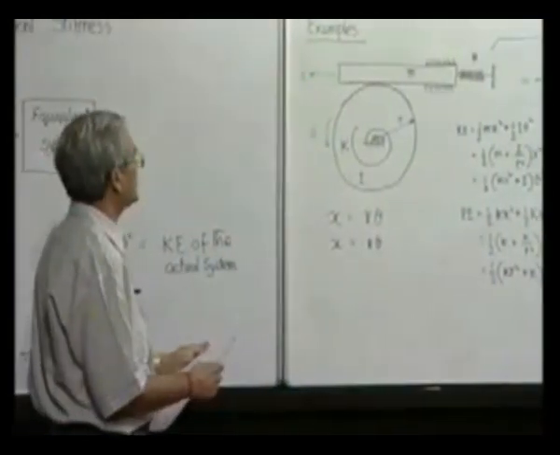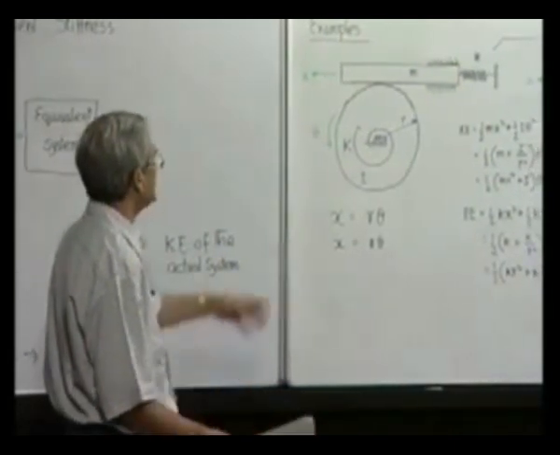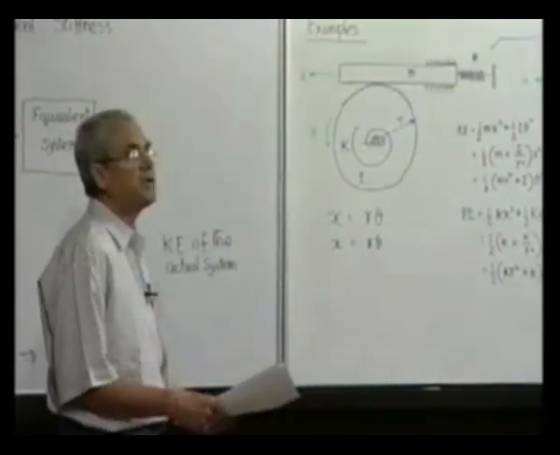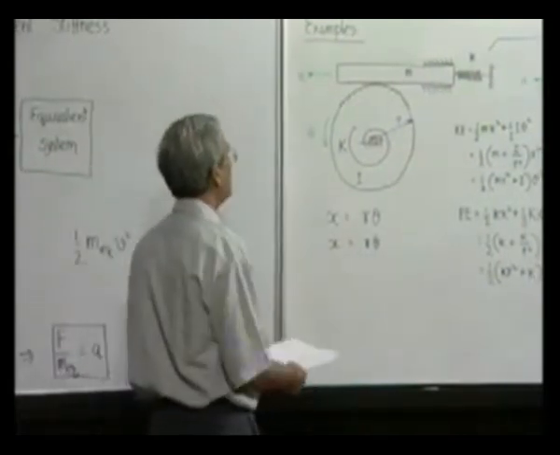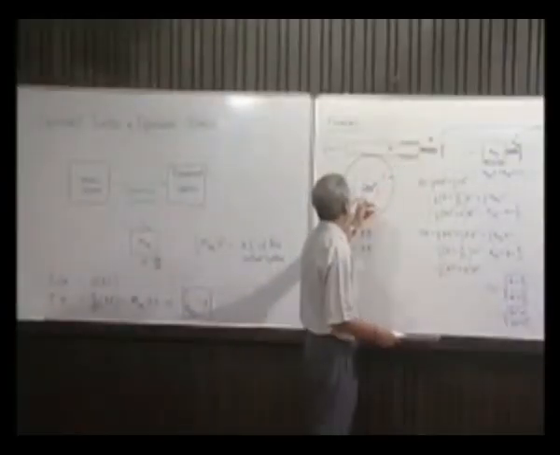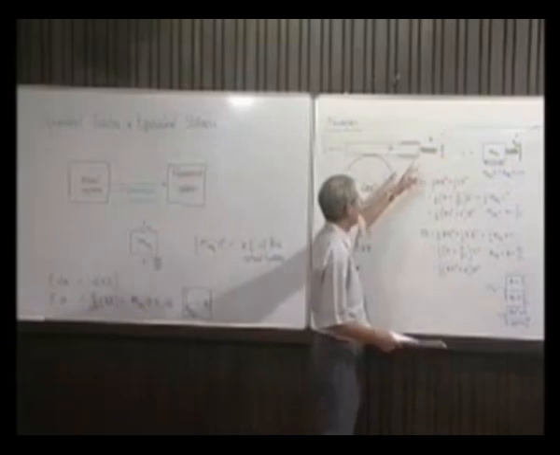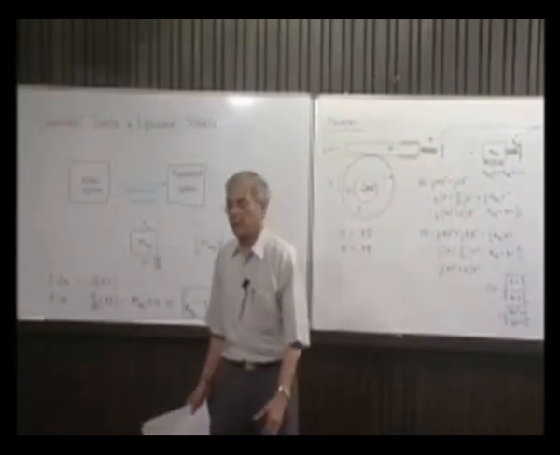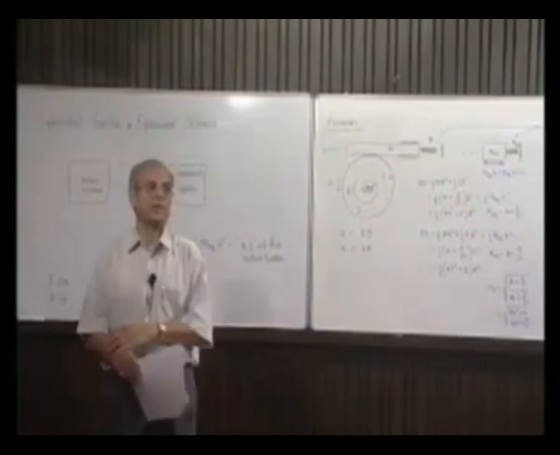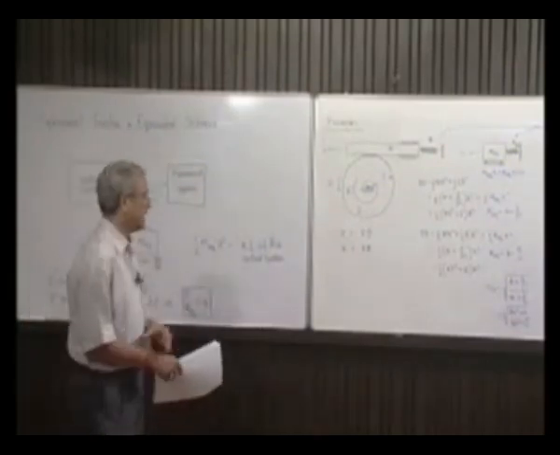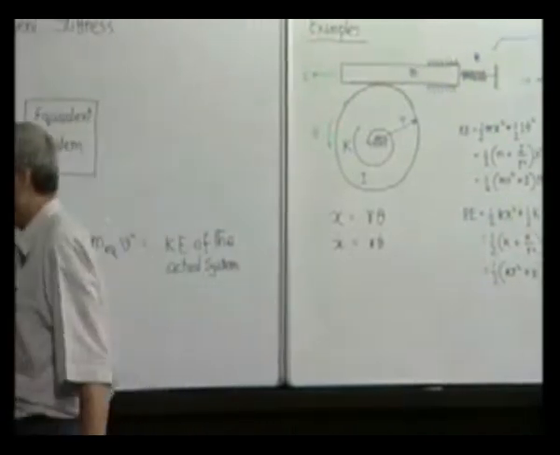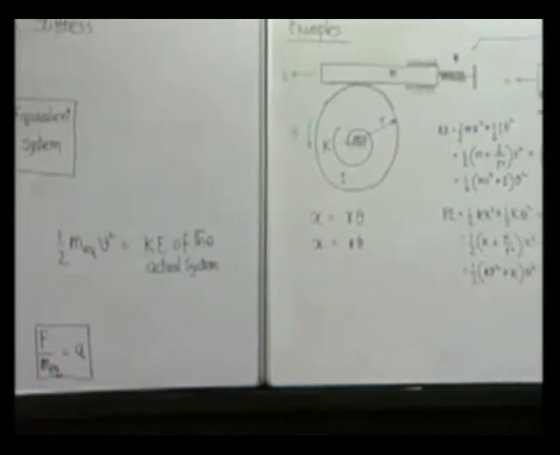Next thing what we have to also see, that sometimes the restoration elements like springs may be combined. That means we may not have a single spring like this, or here you find a single torsional spring, a single linear spring. Sometimes a composite structure may be there which consists of a number of elastic bodies, and in such cases the resultant stiffness of the spring or the restoring element has to be found.